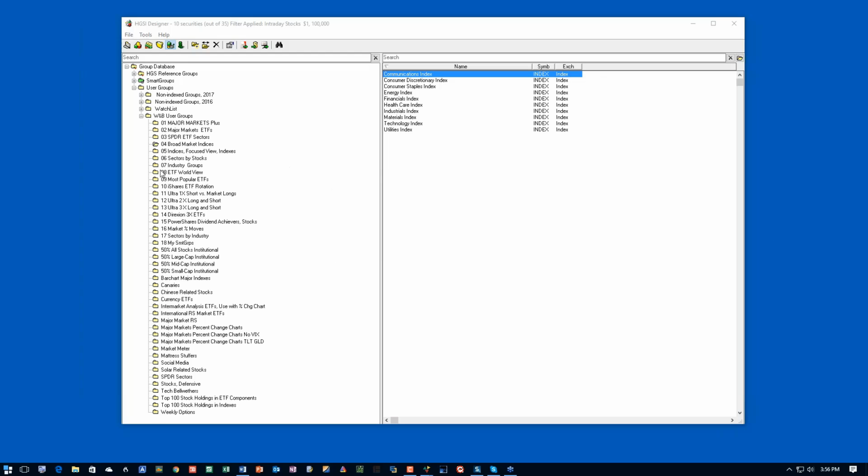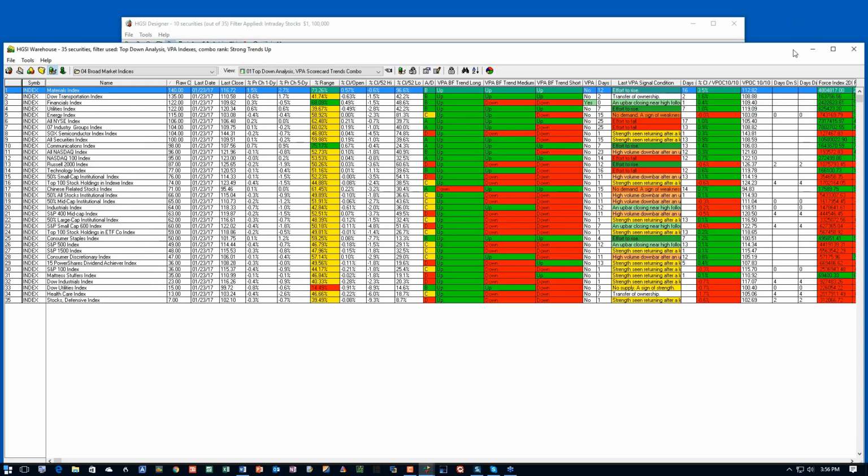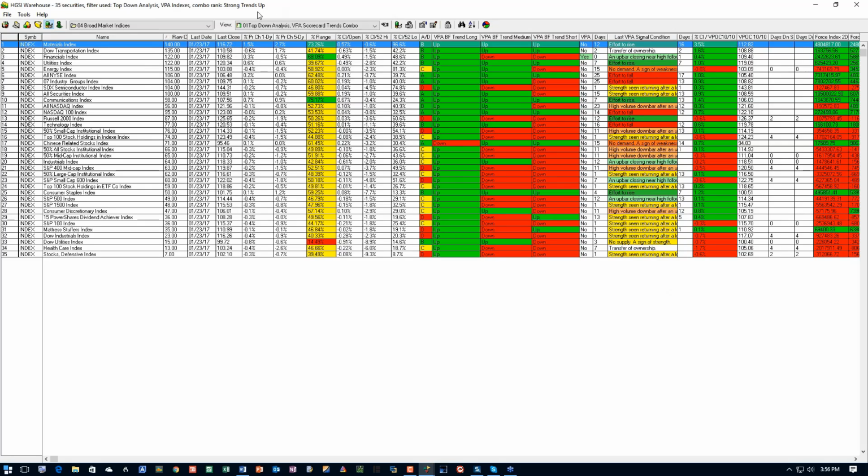Okay, so that's finished. So what do we have now? We now have a current look at what happened to the market today. And using the strong trends up filter, I mentioned that materials were very strong on Friday.